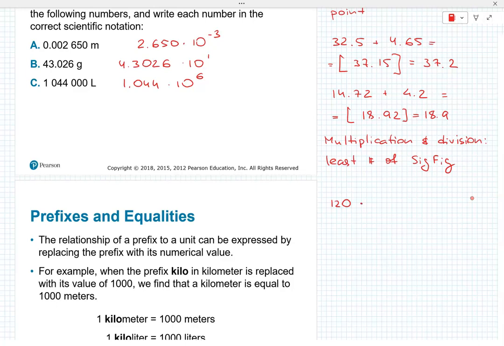I'm gonna multiply by 175. How many significant figures in the first one? How many significant figures in the second one? 3.